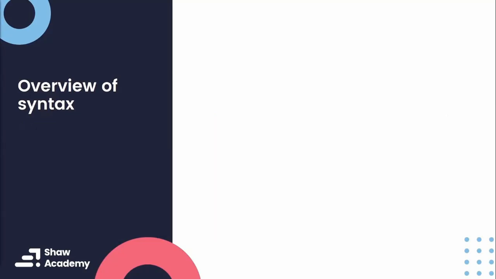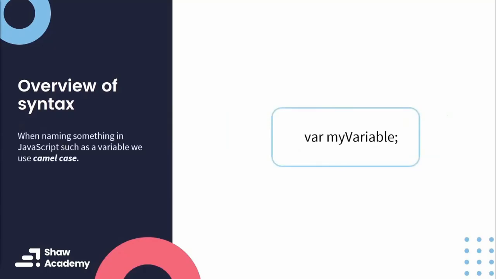Excellent. Now, one last point when it comes to the overview of the syntax in JavaScript, we always follow camel case naming conventions. Well, not always, but this is best practice for JavaScript developers or just web developers overall. Camel case is essentially what we have here in this one line of code where we say var myVariable. You don't have to know all the background details because we will be working with variables in future.